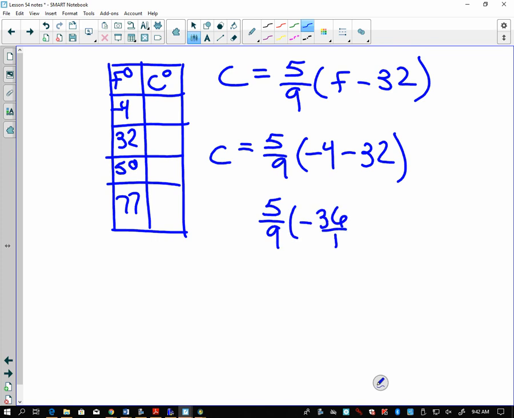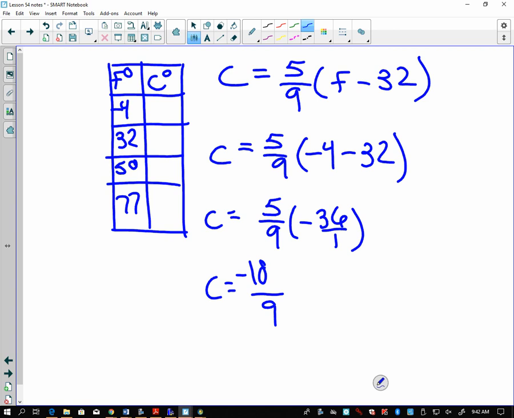If I need to, I can look at it as negative 36 over 1. So I have 5 times negative 36 over 9 times 1. What's 9 times 1? 9. I know I'm taking a positive times a negative, so I'm going to get a negative number. What's 5 times negative 36? Negative 180.